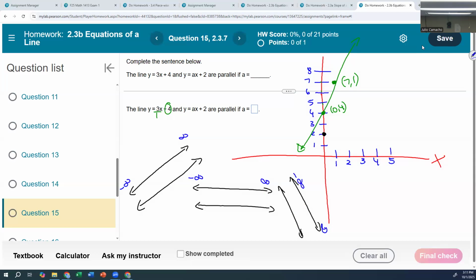But because these two lines are parallel, they will never touch, they will never cross.